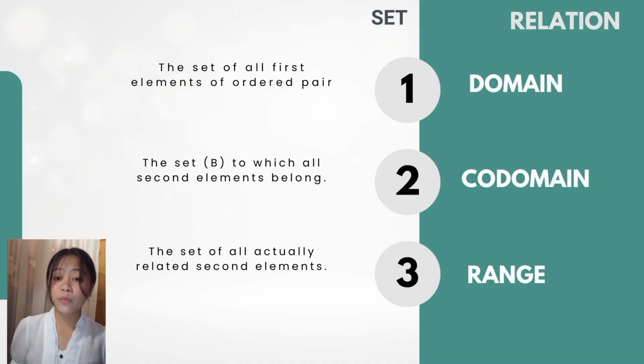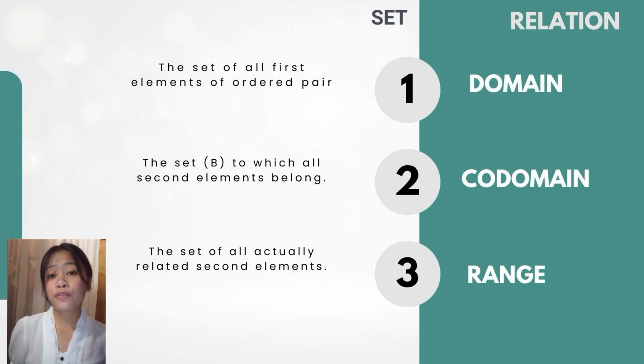Another one we have here is the codomain. This is the ending set, the set that contains all the possible outputs, mostly known as the set of y. And the range is the subset of the codomain that contains only the outputs that were actually connected to an input.